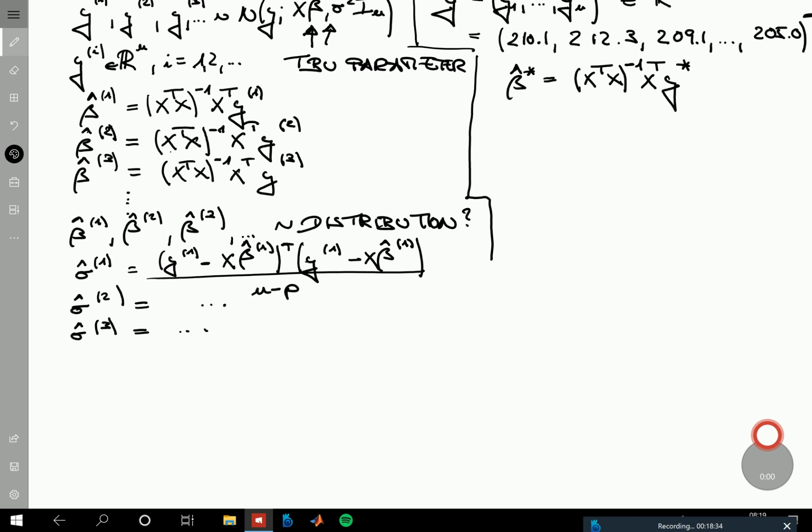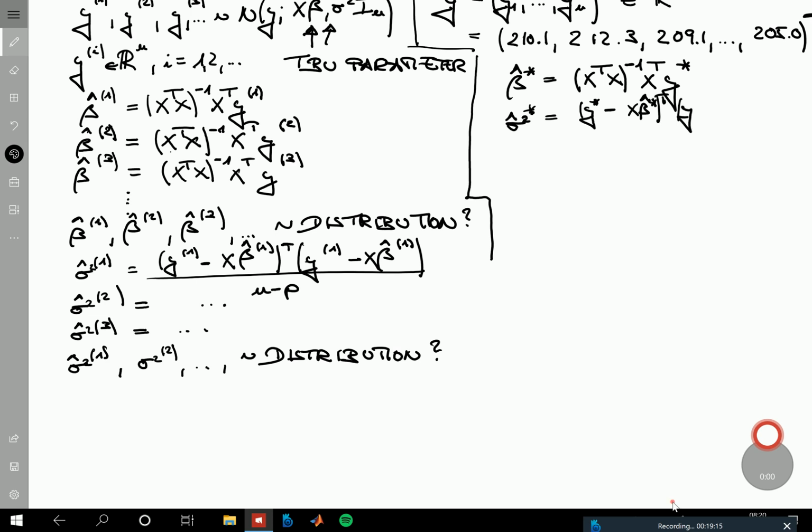And again, the question is, if we then have these variance parameter estimates, I think I'm forgetting a square here, what is the distribution of these variance parameter estimates? And again, in real life, you only have one variance parameter estimate given by your actual observed data, your actual better parameter estimate, and that's all you have.